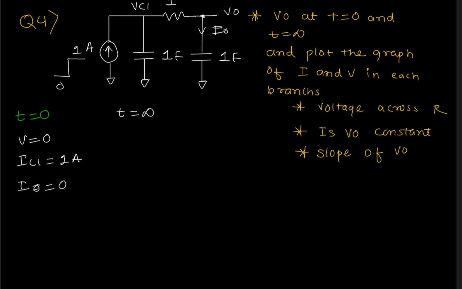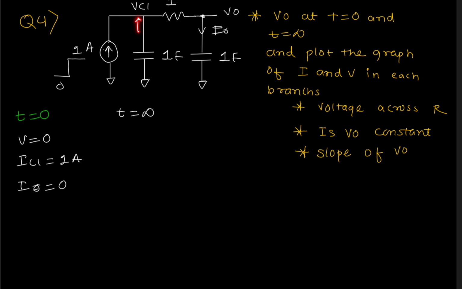In this interview, I hadn't explained this thing at the start. I had just given t is equal to 0 and t is equal to infinity, and then they asked me where I got this result, what is the process. So I'm just explaining this to you.